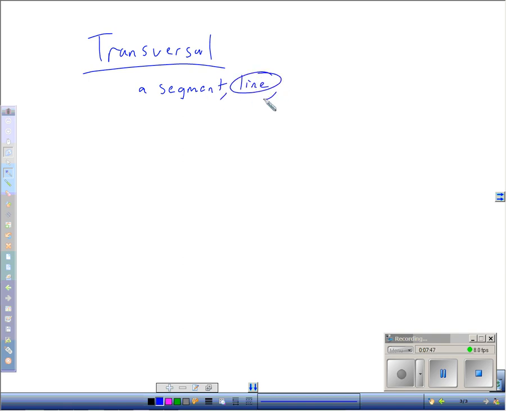We'll see it more like that as a line or ray that is cut. I like the word cut. Let's cut it. Cut by two or more lines, segments, or rays.